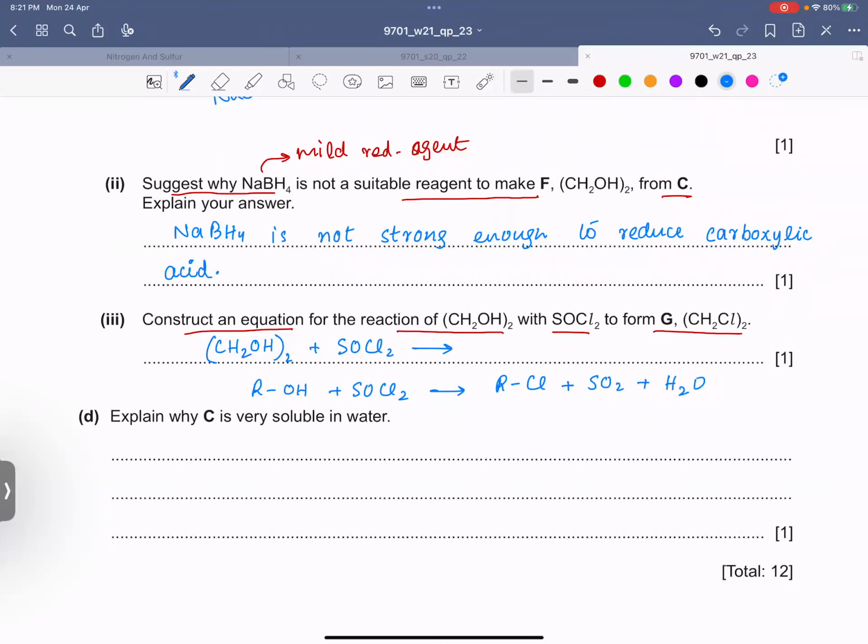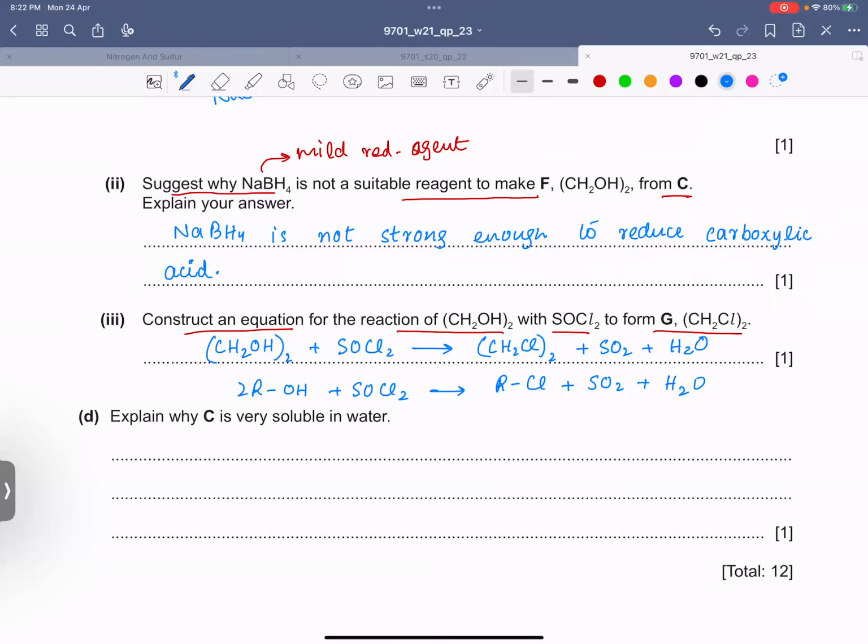So here we have two OH groups, so we got a compound having two chlorides substituted. Here we got SO2 and H2O.